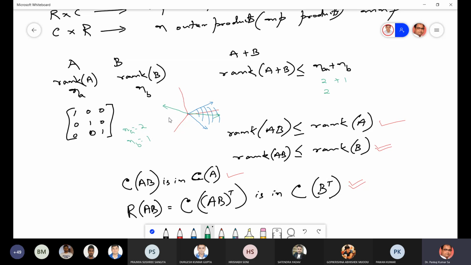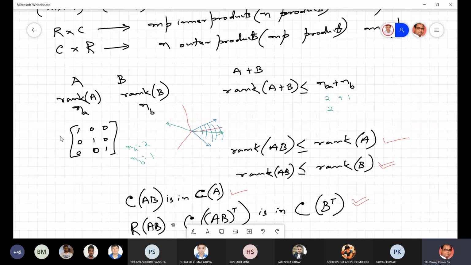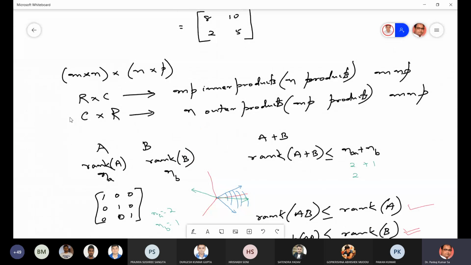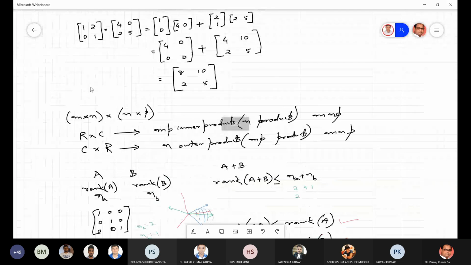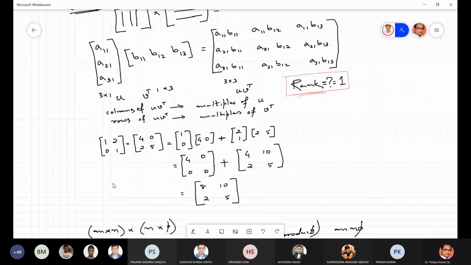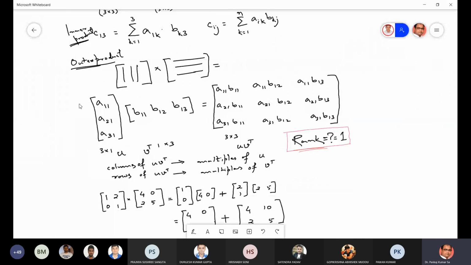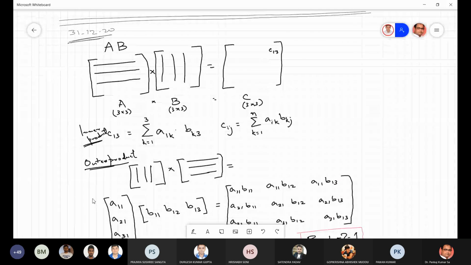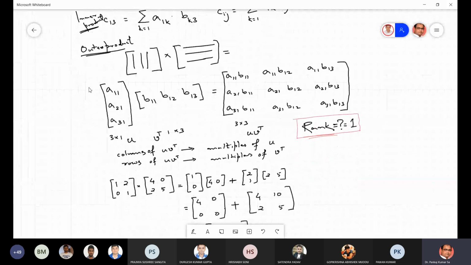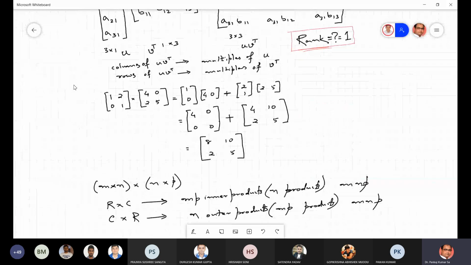So finally, the takeaway of this year is to break the entire thing into rank 1 matrices and start attacking. So break the matrices into rank 1.